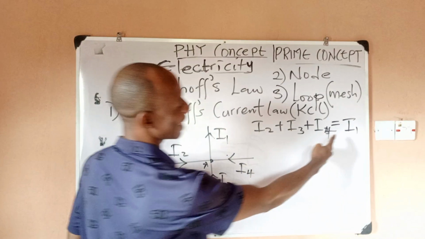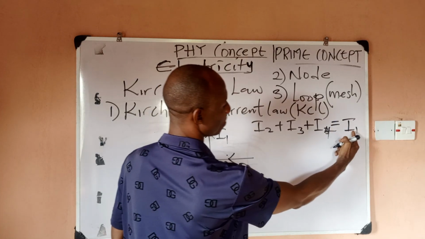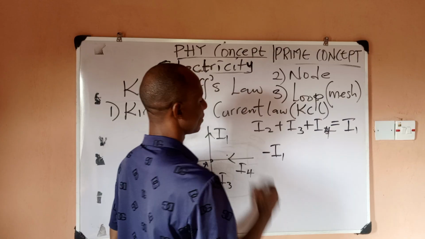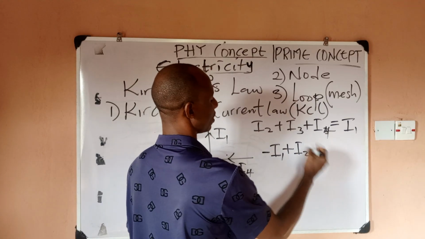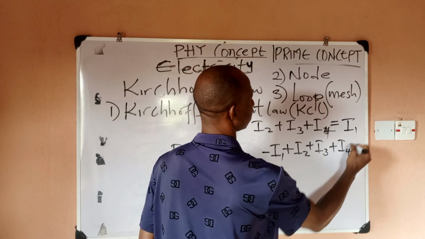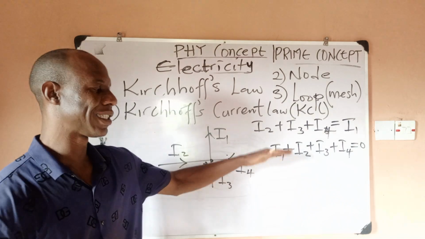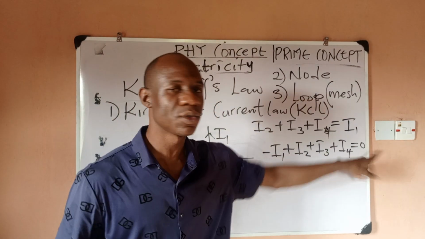The reason is that I can rearrange this. If I bring this I1 to this side, it becomes minus I1, and this one remains, plus I2, plus I3, plus I4 equal to 0. So this is the second way I have stated this law, that the net sum of current at a junction equals 0.